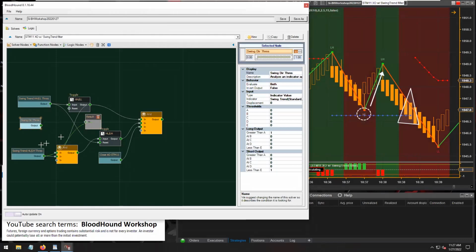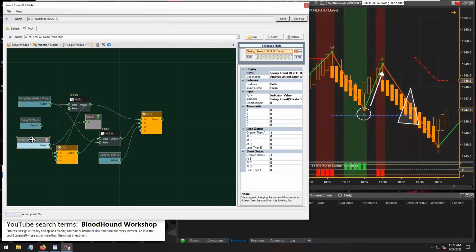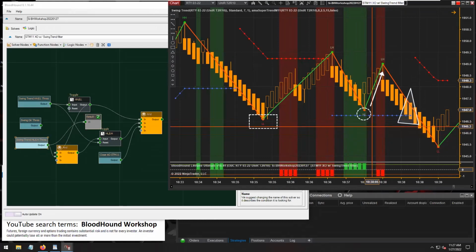Well, actually, looking at our higher lows and lower highs, this lower high, okay, no, I'm going to change my mind here.